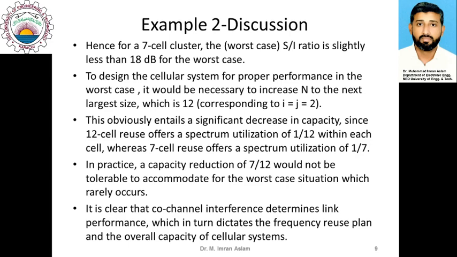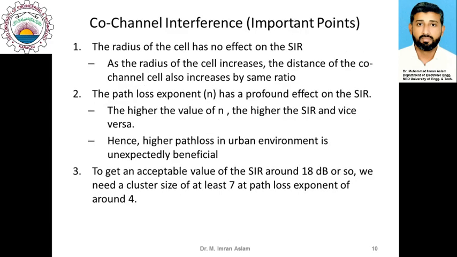So this brings us to the conclusion of the discussion on the co-channel interference. Let me quickly summarize some of the important points that we have discussed with respect to co-channel interference. First of all, the radius of the cell has no effect on the signal to interference ratio, because if we increase the radius, we have to increase the distance as well, and the ratio becomes the same.